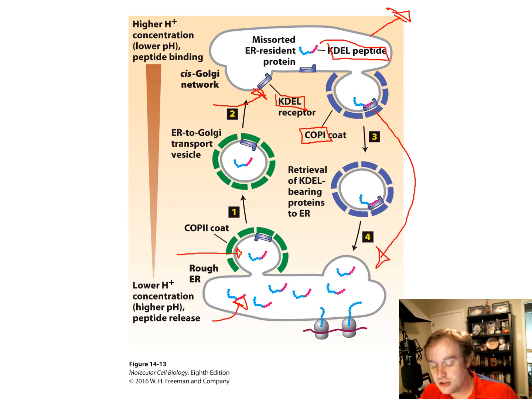It's important to know that these KDEL receptors are recycled in a cyclical manner too. This membrane will fuse to the ER membrane, and this membrane-bound KDEL receptor will continue to be in the membrane of the ER. And as you can see over in step 1, this KDEL receptor is incorporated in the vesicle when it goes to the Golgi, and then it pulls back any of those enzymes that are modifying proteins and returns them to the ER.